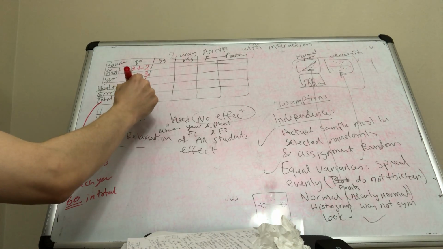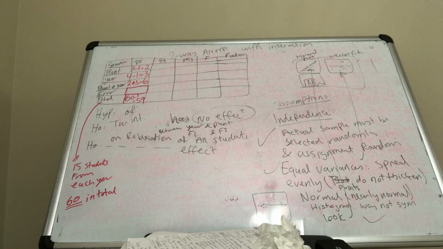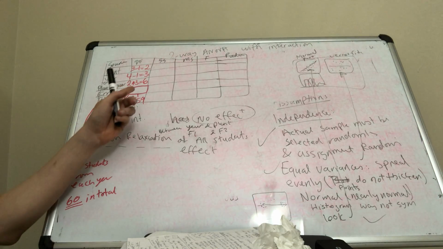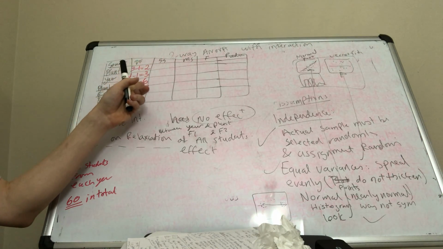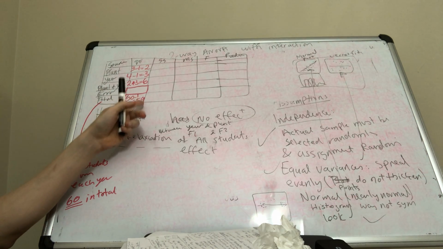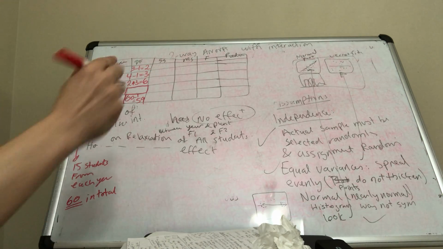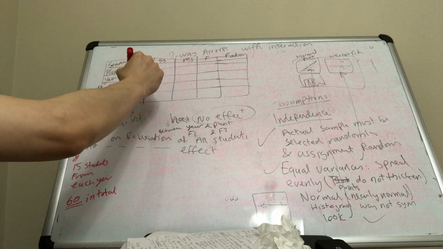So that would be 60 minus 1, 59. And since you know the degrees of freedom must add to 59, then you go, what is 59 minus 2 minus 3 minus 6? That would be 48.